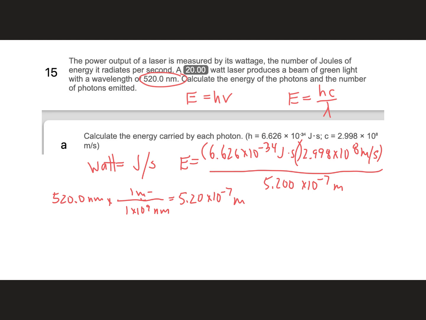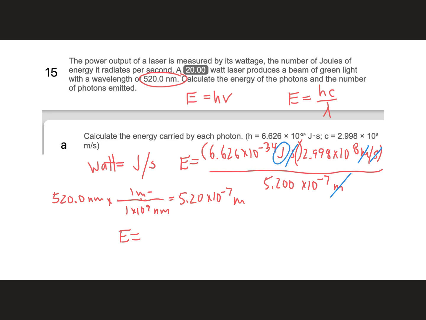Multiply and divide, and we should get the energy. Just to check our units real quick, energy should be in joules. When I multiply, seconds cancel out, and when I divide, meters cancel out, and I'm left with joules.